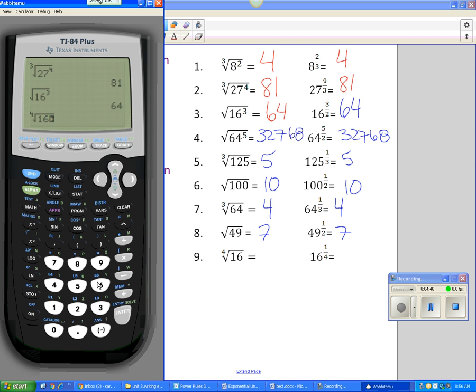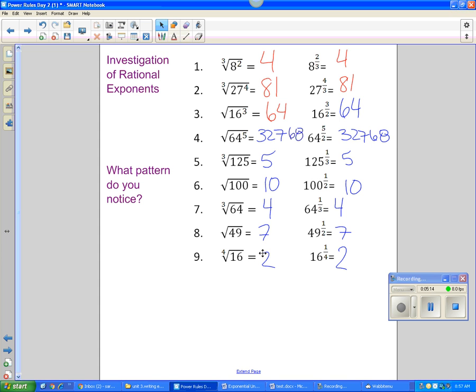All right, what are y'all getting? 2. Good. And number 10, for some reason, got left off on mine. Square root of 36 and 36 to the 1/2, 6. Okay, good.